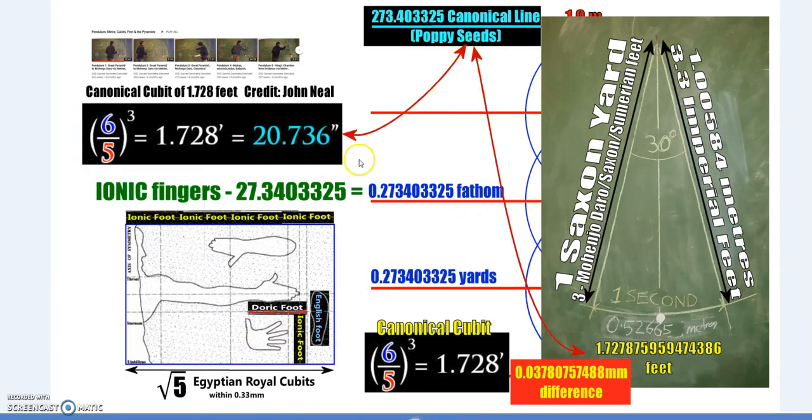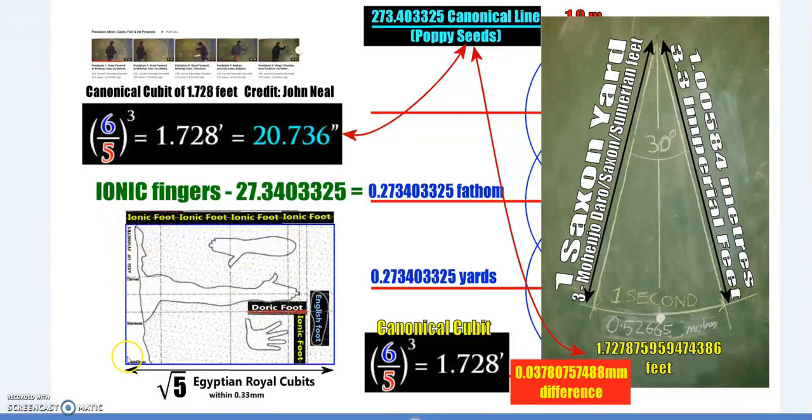Okay, so the canonical cubit, the Mohenjo-Daro 1 second pendulum, and the Salamis stone, which is 4 ionic cubits wide, and it just so happens that half a meter, 50 centimeters, or 0.273403325 fathom, is 27.34033325 ionic fingers. 16 fingers make a foot.